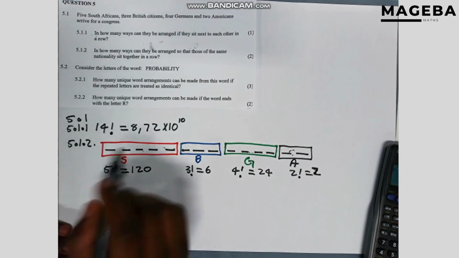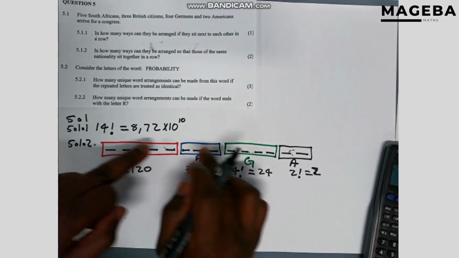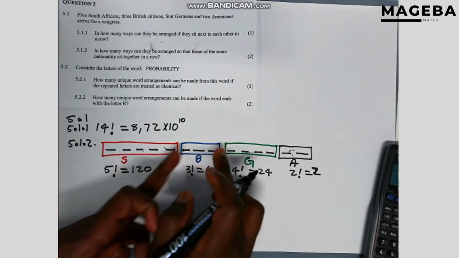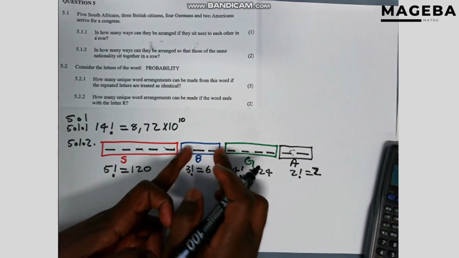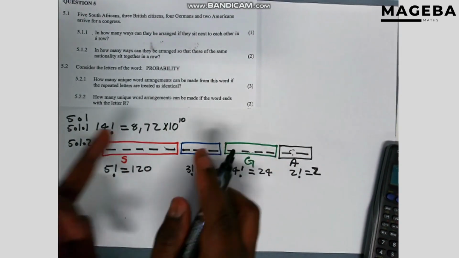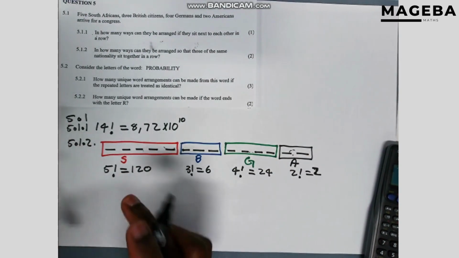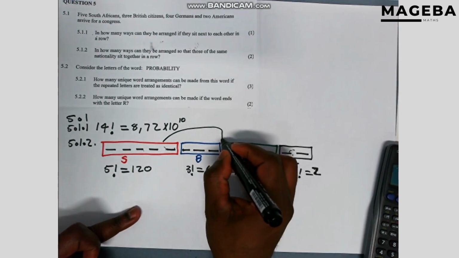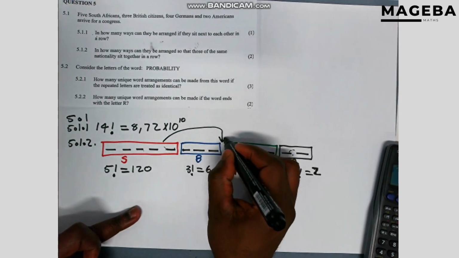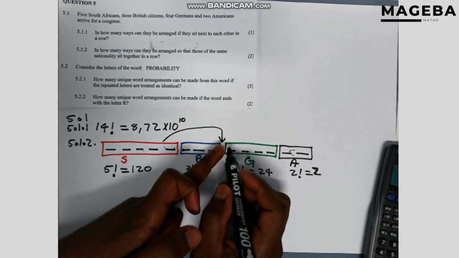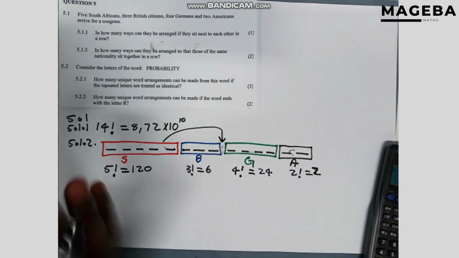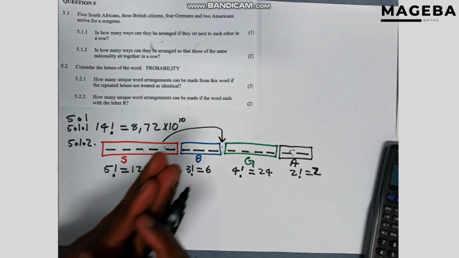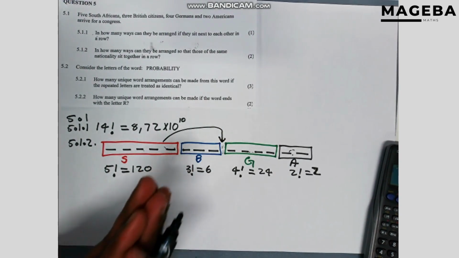Now again, they are sitting together, so each nationality is one group. If South Africans want to come here, they come as a group, because they have to be next to each other.